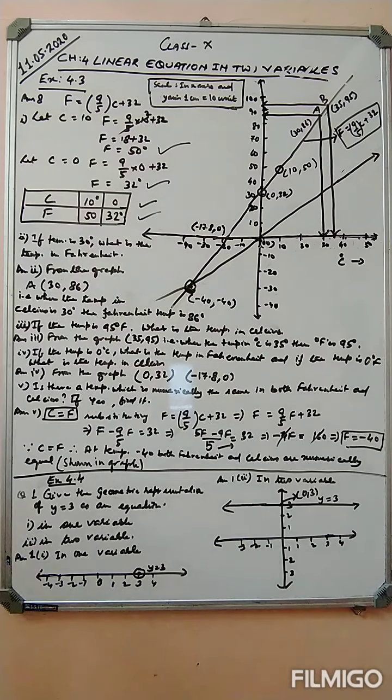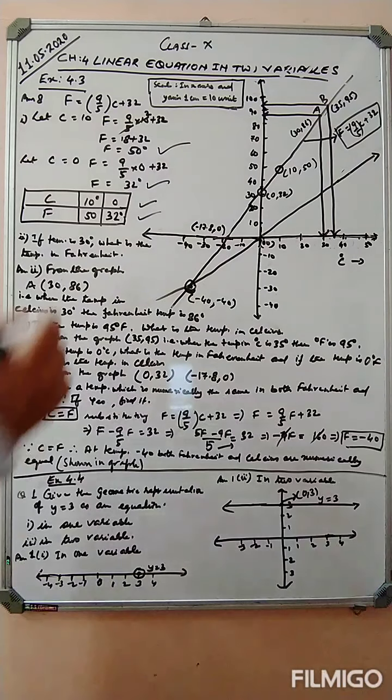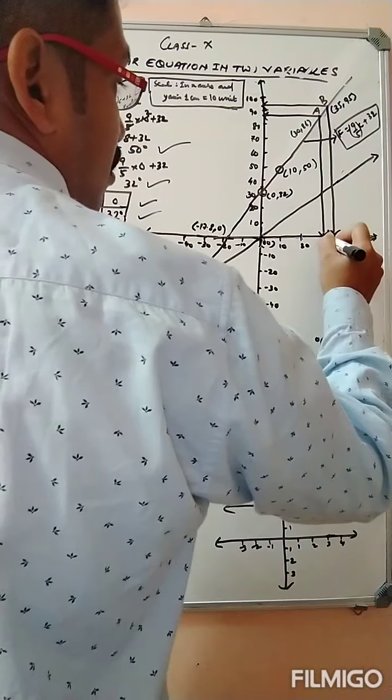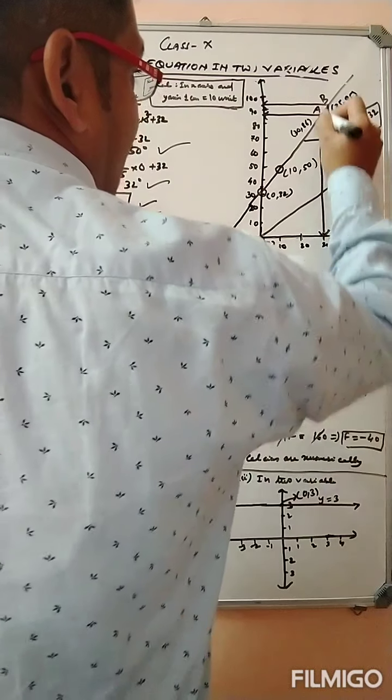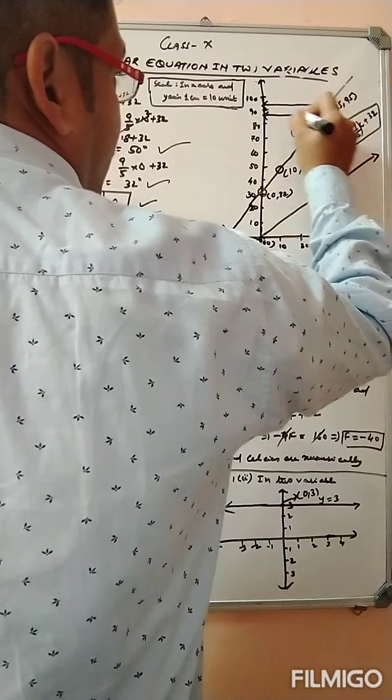Now from the question, bits 2, 3, 4 and 5, we have to find from the graph. If the temperature is 30 degrees Celsius, what is the temperature in Fahrenheit? You see where 30 degrees Celsius is, here. From here you make a straight line, and from here again you make a straight line.